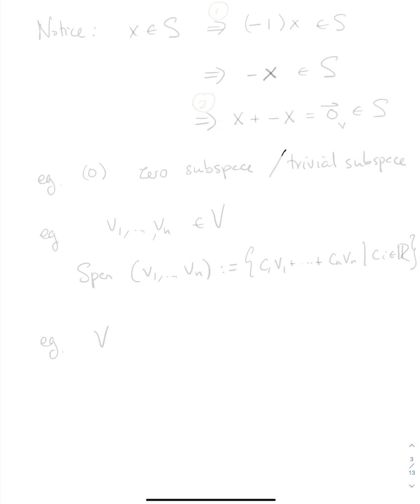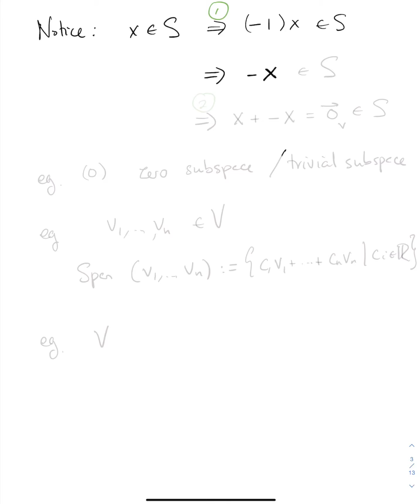Before we talk about some examples, there's something that I want to point out that follows from this definition. Real quick, notice. Say we take a vector x that happens to be in S. This also means that -1 times x is in S. How do we know this? Well, -1 is in the reals, and by 1, scalar multiples of elements of S are still in S because it's closed under scalar multiplication. We happen to know from the work that we've done before that -1 times x is the additive inverse of x.